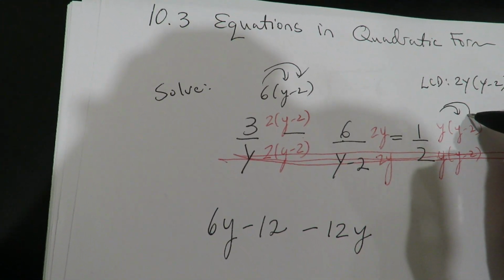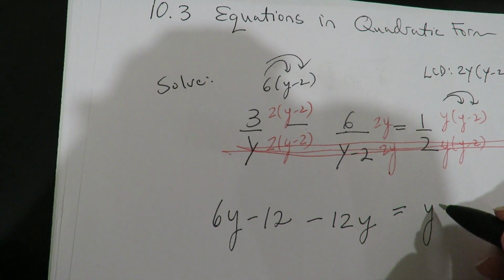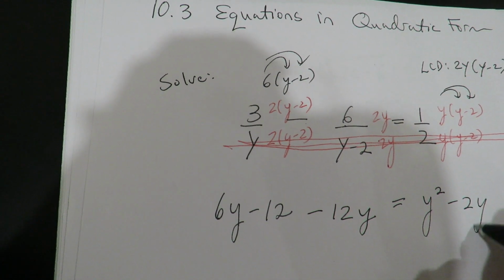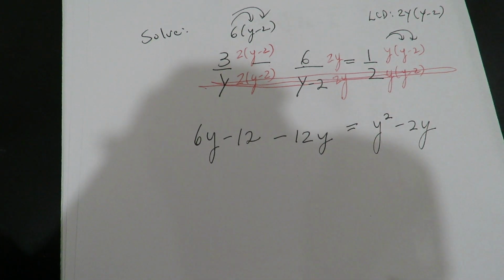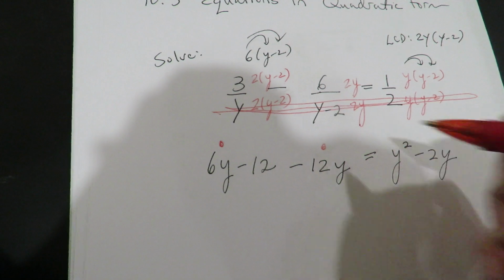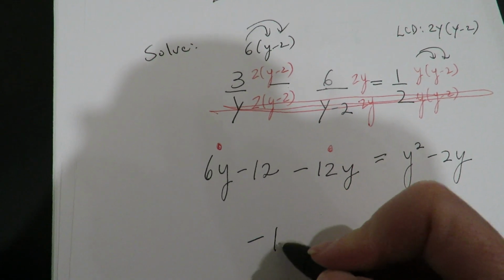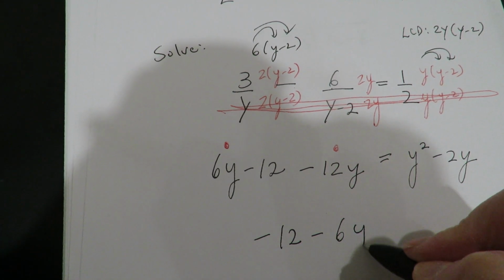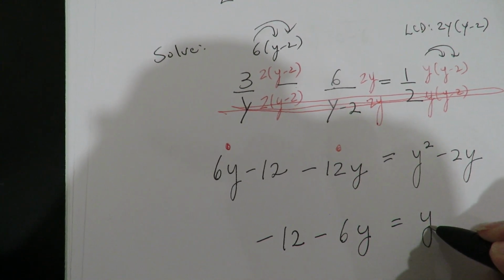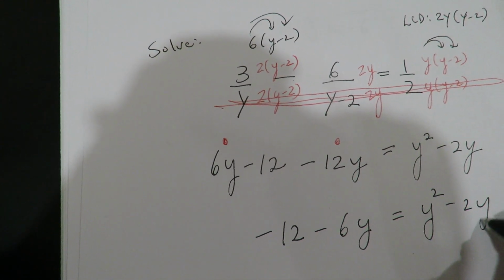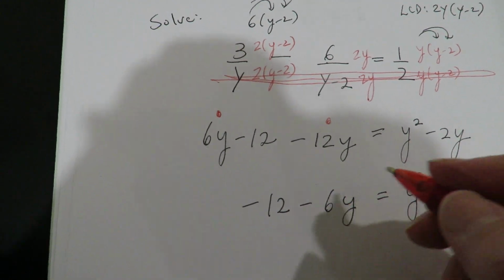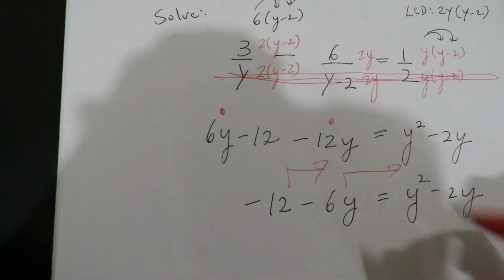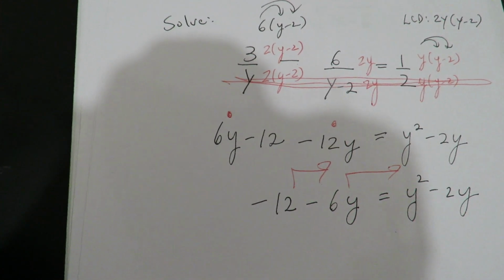And then you just want to put that into both terms, so that's going to equal y squared minus 2y. Before I move stuff, I'm just going to combine on a side. So I'm going to put these two together. Okay, this is quadratic, so you want to set it equal to 0. So you want to move everything to the left.